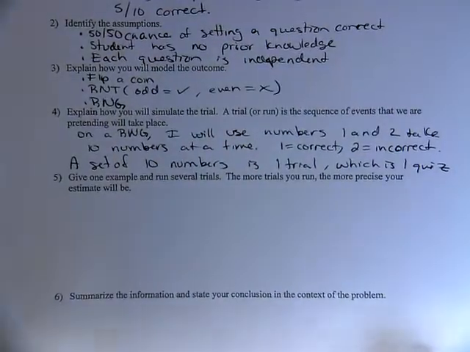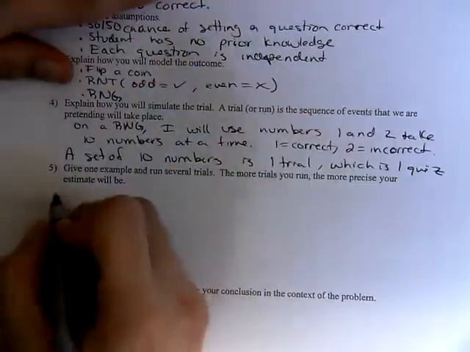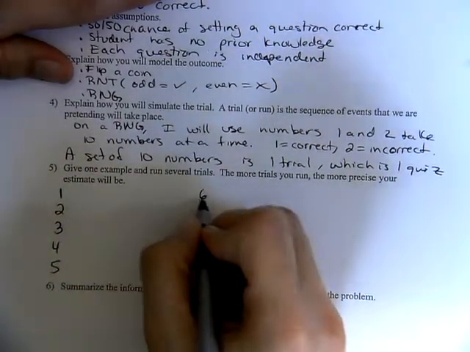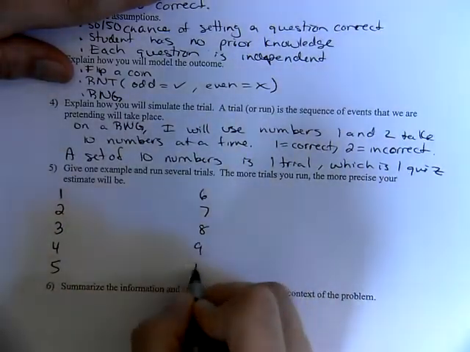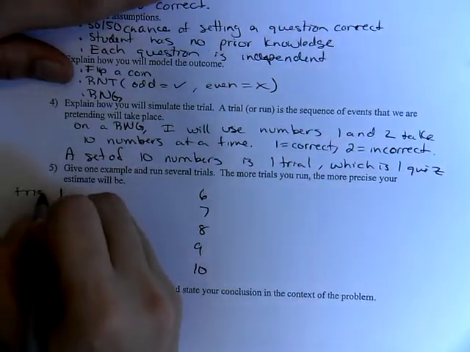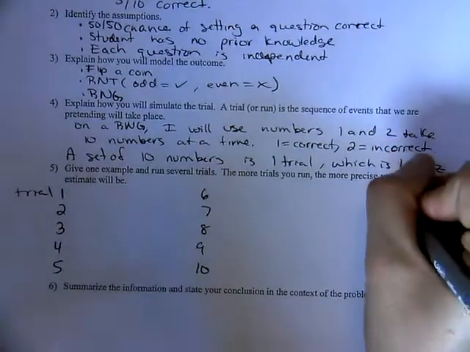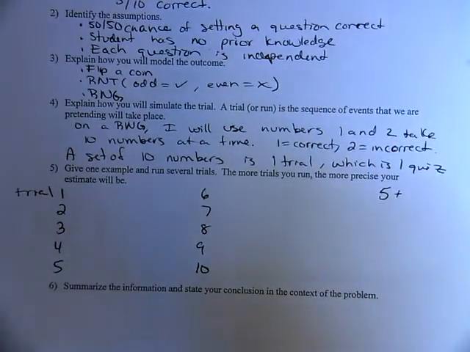Okay, so here's how we're going to do it. We're going to do 10 trials. So I'm going to have trial 1, 2, 3, 4, 5, 6, 7, 8, 9, 10. So if they get 5 or more right, I'm going to put a check mark.